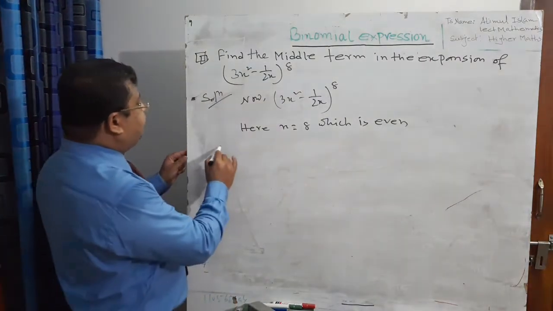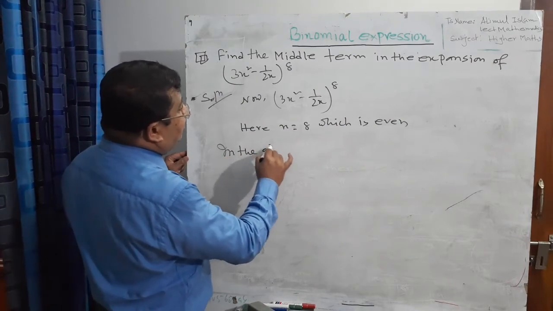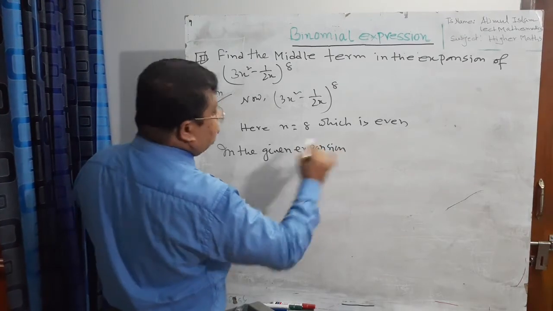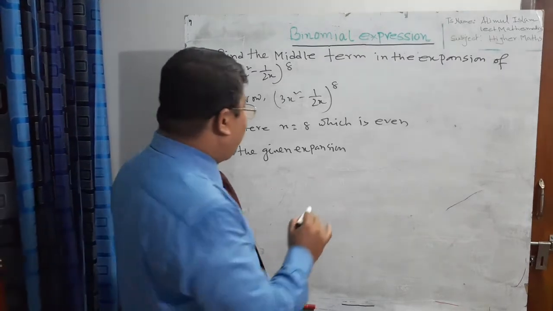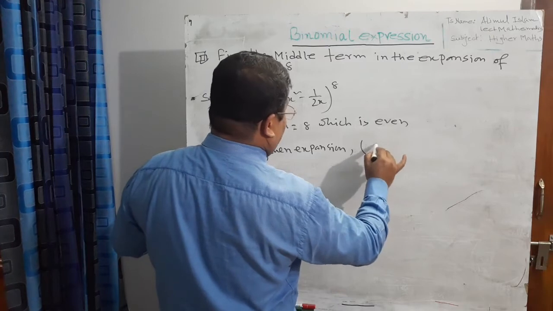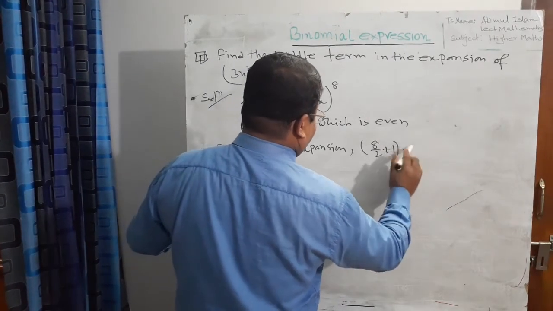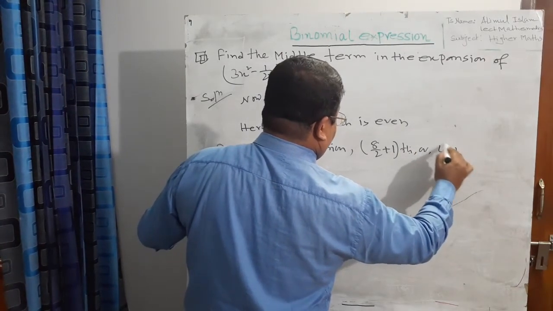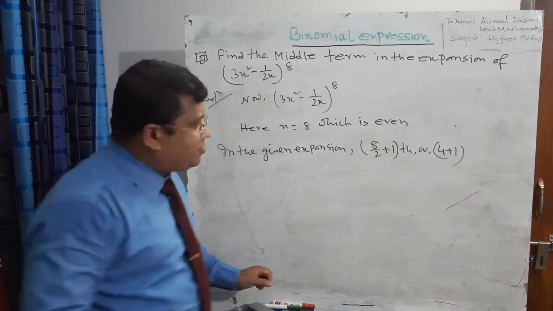In the given expansion, you know the formula: n by 2 plus 1, here 8 by 2 plus 1, or 4 plus 1. That means the fifth term.